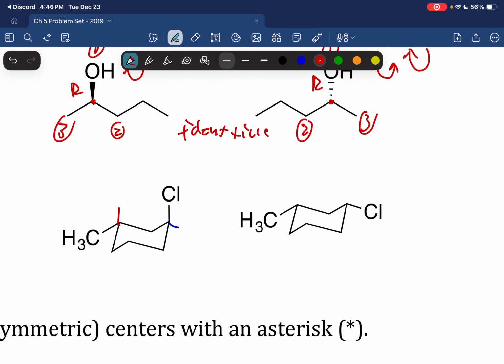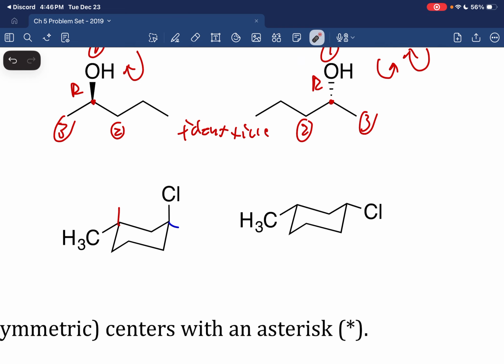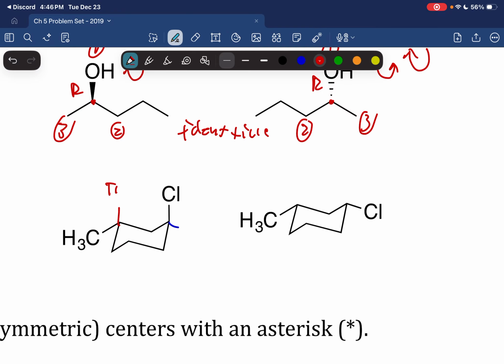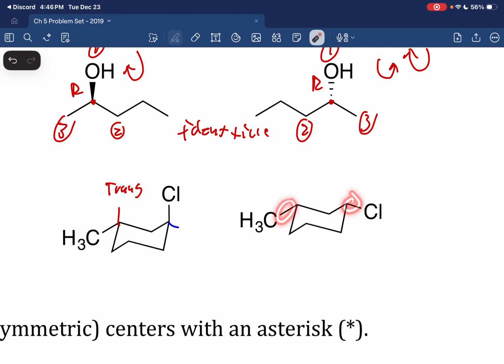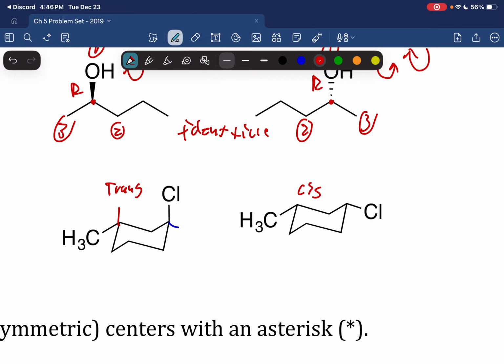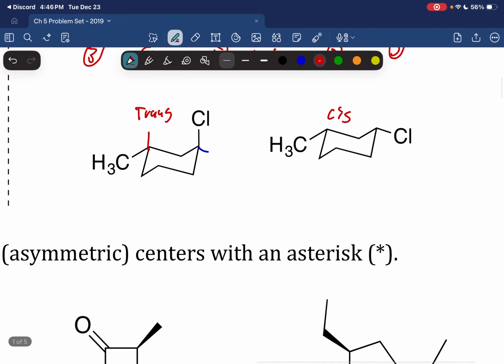I just understand that when it's in the down position, or the equatorial position, it'll be trans, and then the axial position, when the molecules are in the equatorial and the axial position, you will get a trans. But when they're both in equatorial, they're gonna be cis. And same applies if they were both in axial positions, it would be cis. The point is you want to have them in the same positions.